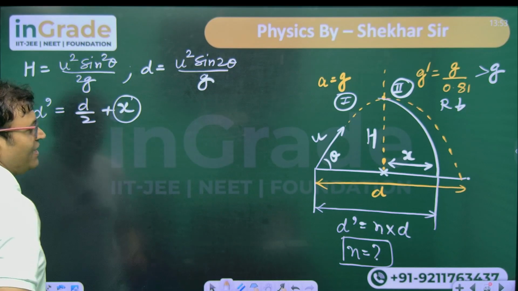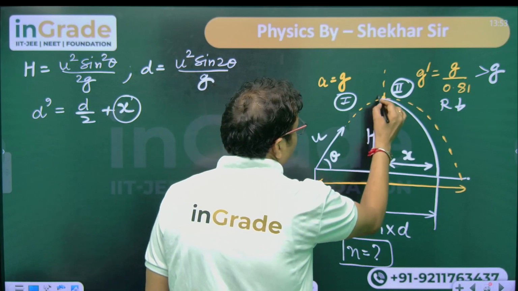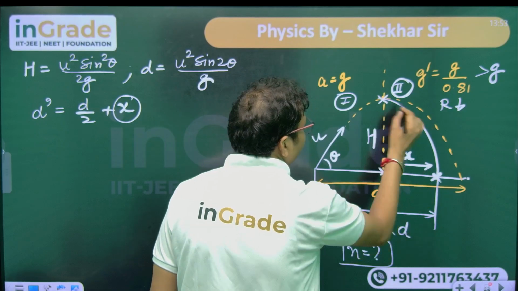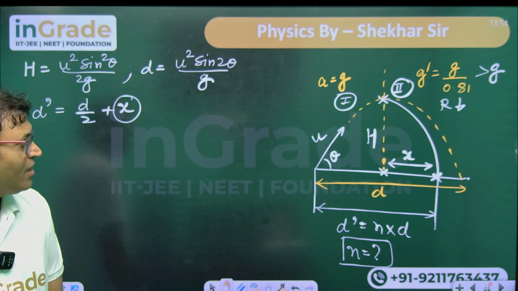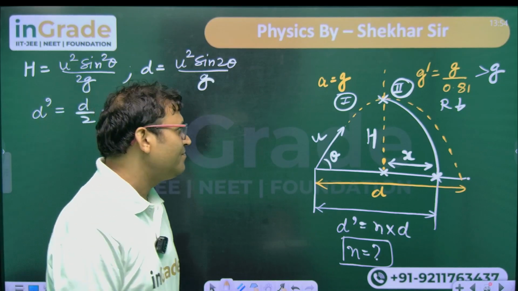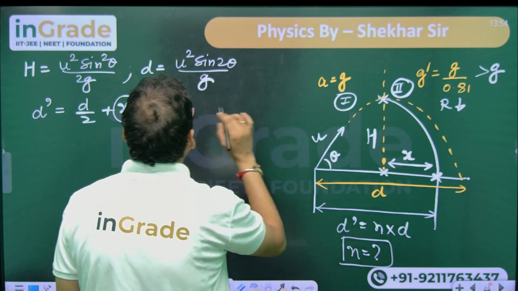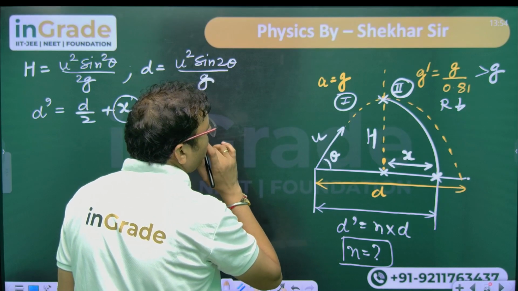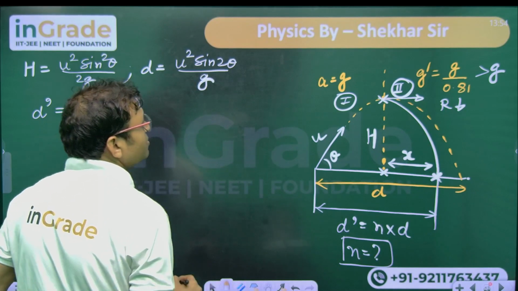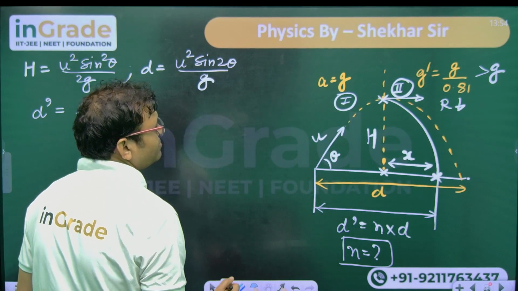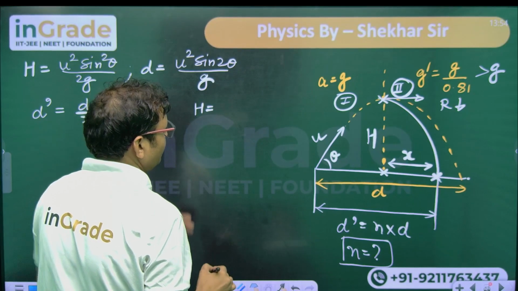Now if we can find out the value of x, the particle is traveling from here to here, another projectile motion where g is not 10, g is g by 0.81. Now this h, here the particle is having only horizontal velocity.